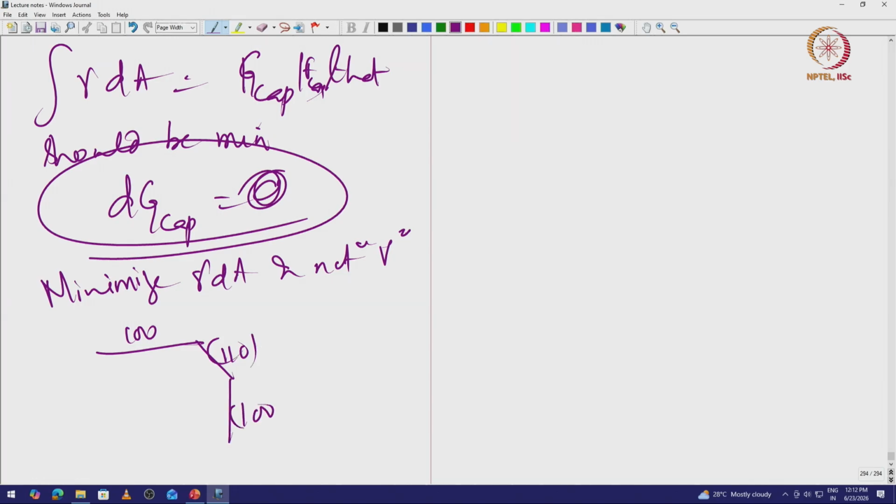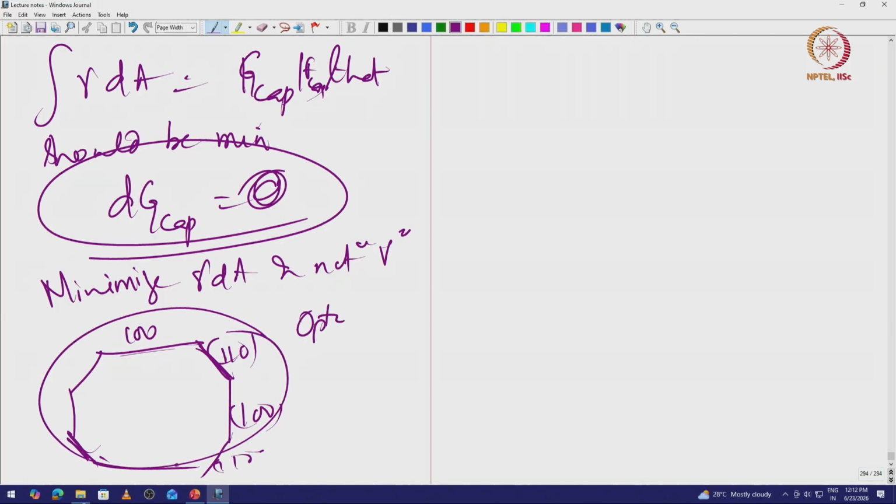So I get a 100, but I may also get a 110, but you see that the 110 percentage is less, right. So this will be the most optimal combination. So I take help from a slightly higher surface energy plane, and not just all planes which are just 100. So this is a more optimal configuration.